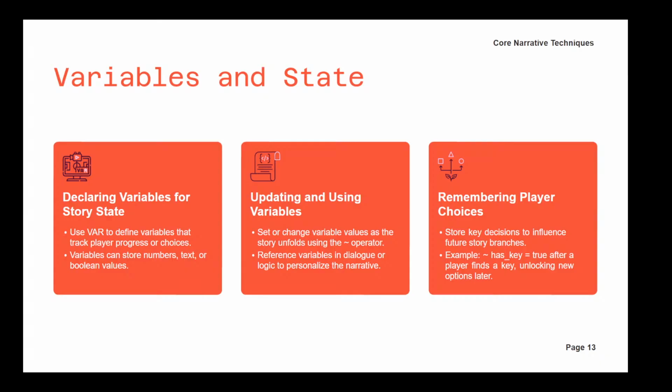In Ink, the variables are not typed at all. You just have a var keyword and then a variable name. And then that variable can be numbers, it can be text, or it can be a Boolean variable, so true or false. And that's basically it.